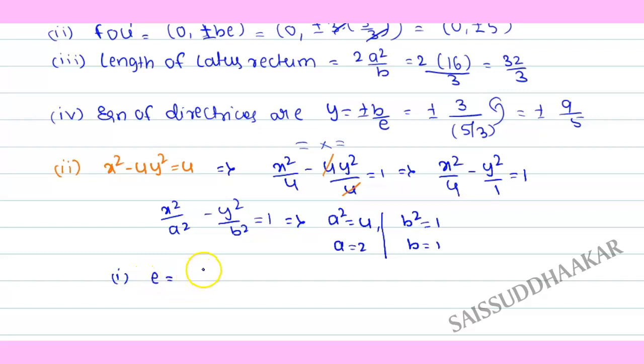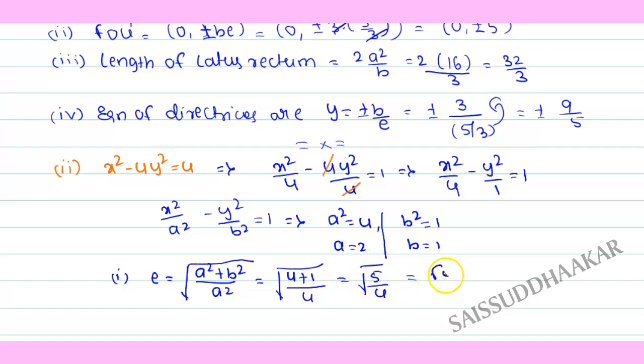Eccentricity e is equal to the square root of a square plus b square by a square, the eccentricity of the hyperbola in the standard form. So a square value is 4 plus b square value 1, by a square 4. So 4 plus 1 is 5, 5 by 4 under root. This can also be written as root 5 by 2.